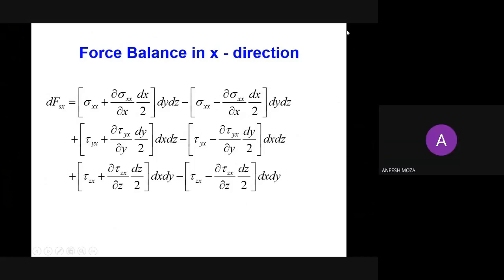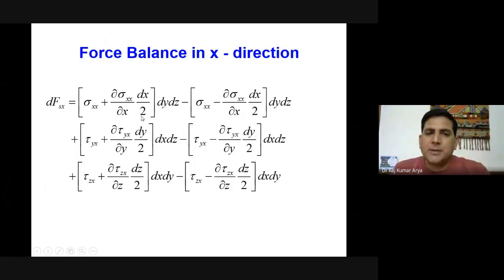So in direction x, the first one was plus, so I wrote it here. The left side one was minus, so I put a minus sign here, so that would be the net force in direction x. The same for the top plane, it was plus, and the bottom plane was minus, so I put a minus here. Then this is your front one, and this one your back one. So this would be your net forces in direction x. Correct or not? Yes, sir.